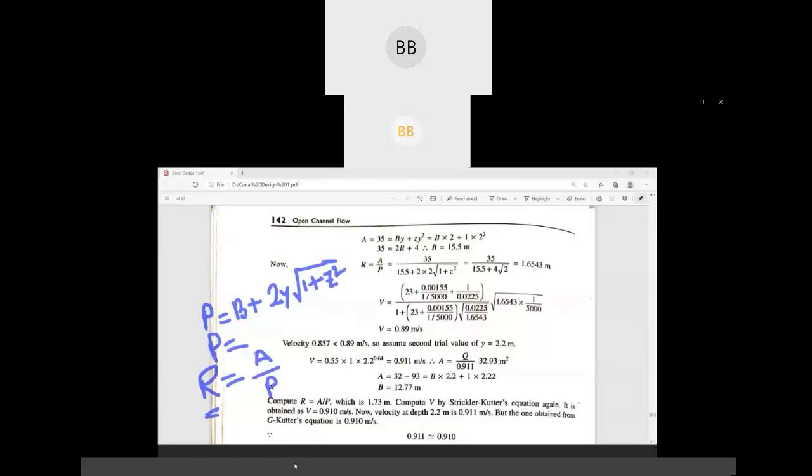Because area we have already calculated, that is 35 meters square, divided by the wetted perimeter you calculate first by using this expression, and then substitute here and find out the R value.